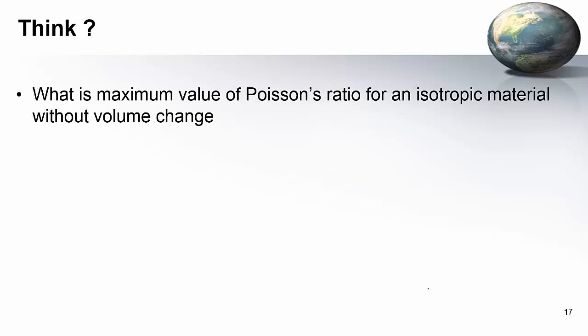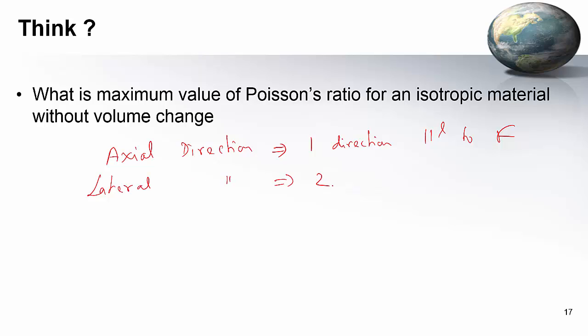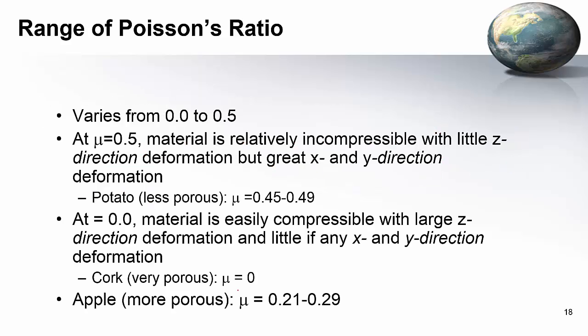So what is the maximum value of the Poisson's ratio? Like I said, the axial direction is one direction, which is parallel to the applied force, whereas the lateral directions are two of them, perpendicular to the applied force. So you are compressing it in one direction, but it's expanding in two directions.